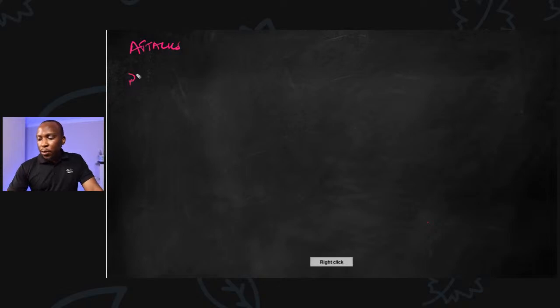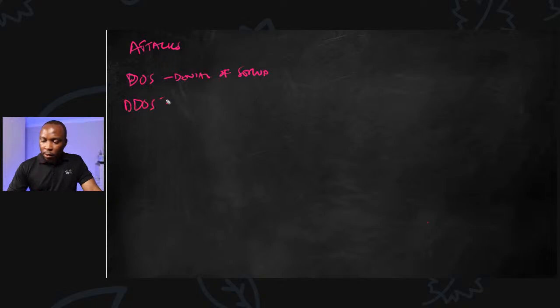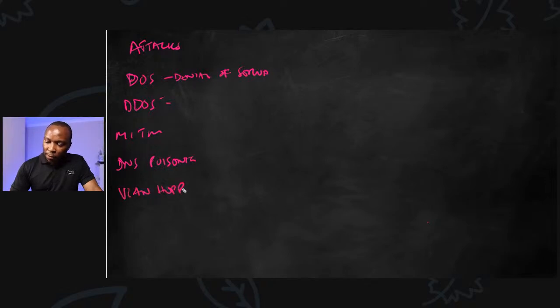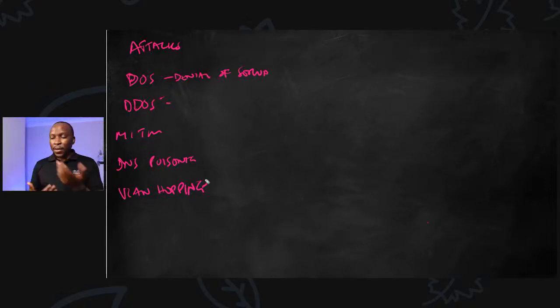We have what is known as denial of service, and then we have a DDoS. I'll explain that. We've got man in the middle. We have DNS poisoning. And then we've got VLAN hopping. So these are some of the attacks that you're likely going to encounter and that you need to protect from a security perspective.